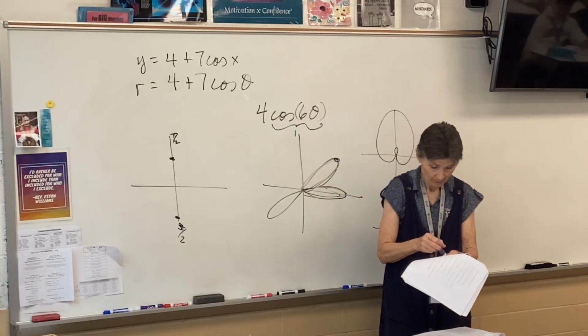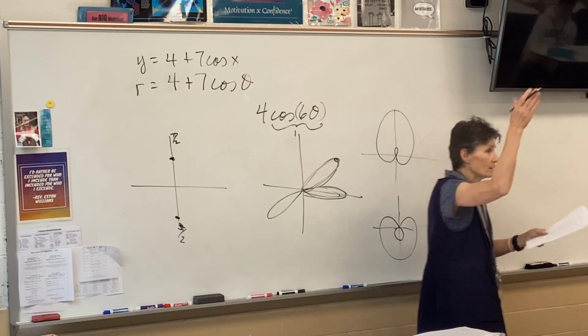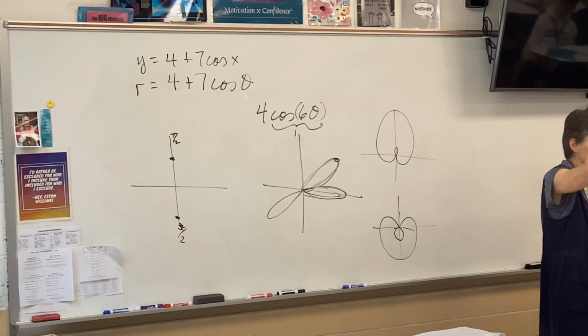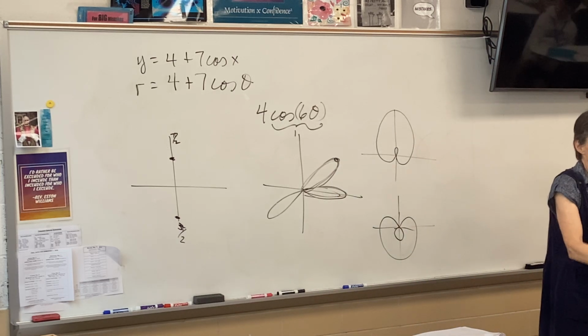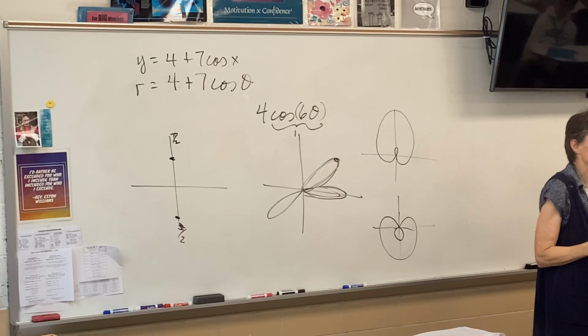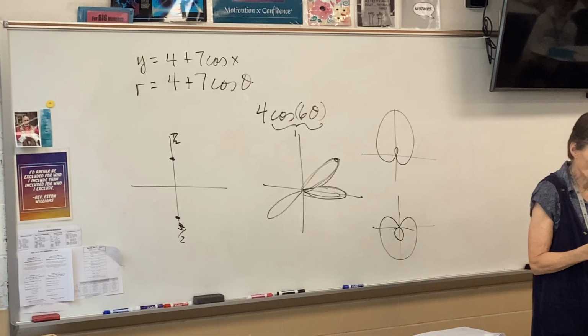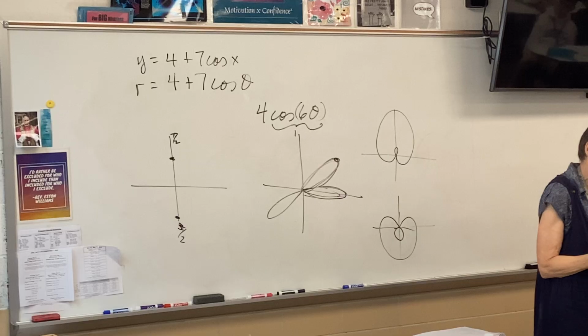Remember, if we're talking about y-intercepts, we're talking about the vertical. So the angles would be pi over 2 and 3 pi over 2. The point on the graph that's furthest from the pole is this one.